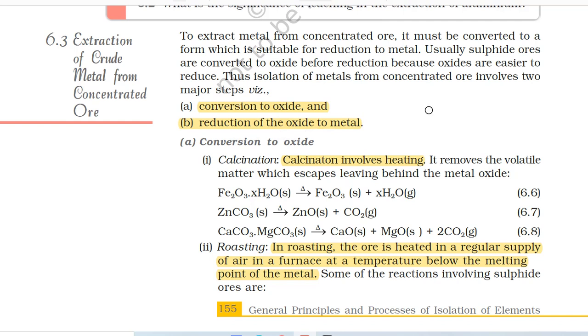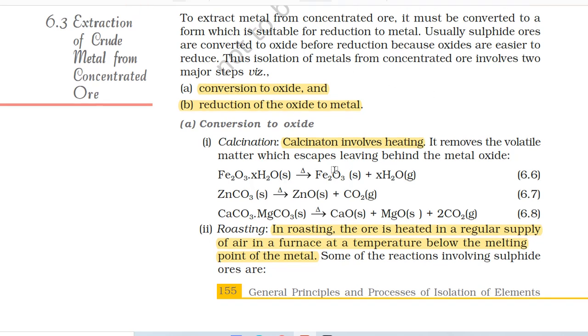A. Conversion to oxide. First, calcination. Calcination involves heating. It removes the volatile matter which escapes, leaving behind the metal oxide. Fe2O3·xH2O in solid phase in presence of heat gives Fe2O3 in solid phase plus xH2O in gas.